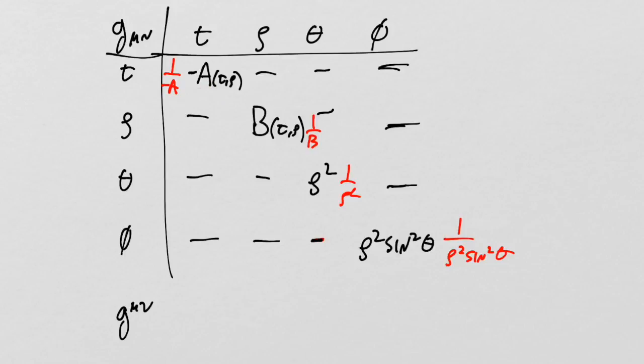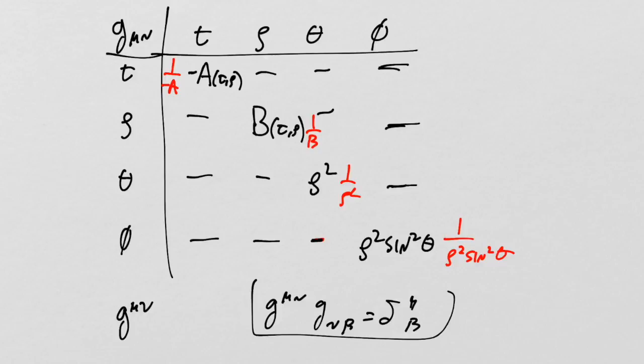And the reason they're straight up reciprocals is because g mu nu g nu beta is delta mu beta, right? So when you have a purely diagonal metric, you'll see that forces this simple relationship between the contravariant and the covariant components.